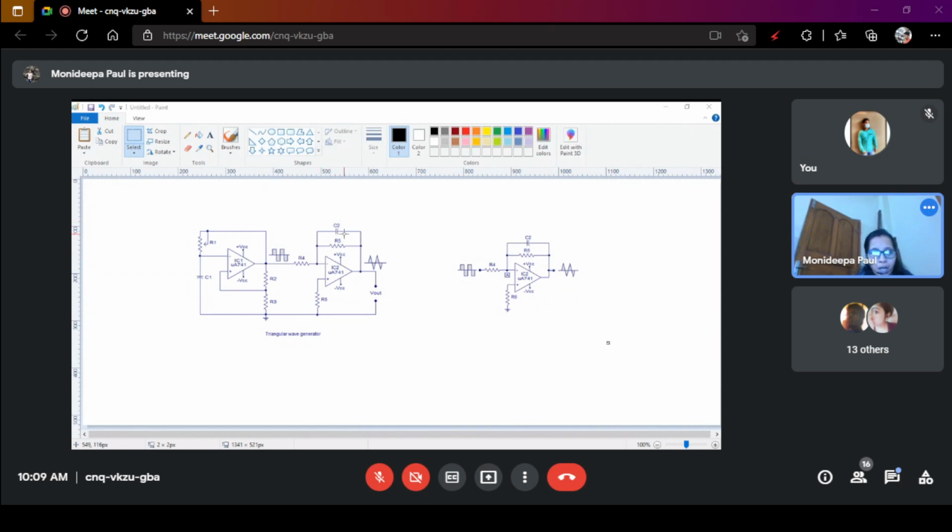So capacitive reactance offered by the capacitor will not be zero. So it has some value of the capacitive reactance. This value of the capacitive reactance offers an opposition to the flow of the current which is flowing through the input resistance R4. Okay.